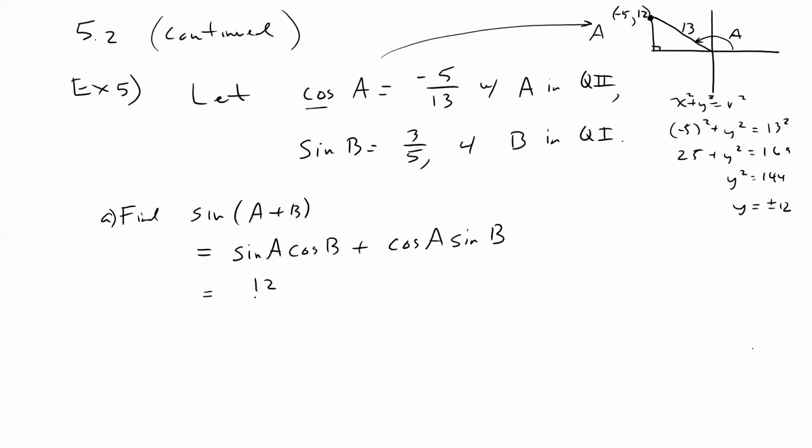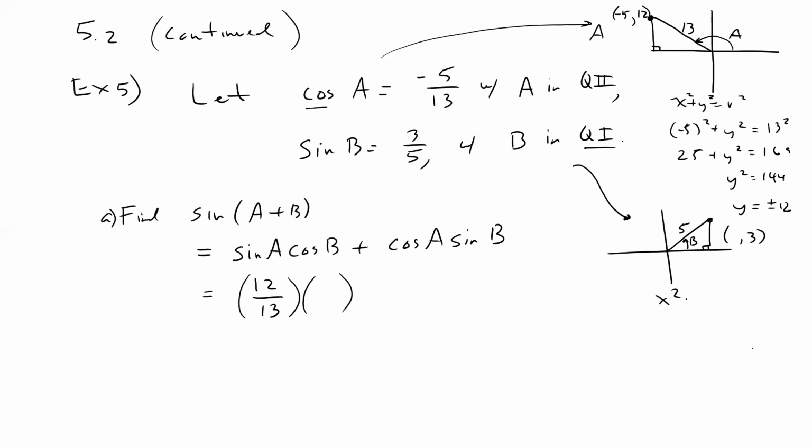I like 12 over 13, that's good by me. Do we know cosine of B? Oh boy, I think we might just have to do the same thing. Oh, no fun. Isn't it just 4? It's 4, uh-huh. This guy's angle B, it's in quadrant 1. The sine ratio is 3 to 5, so that means the y value is 3, the r value is 5.